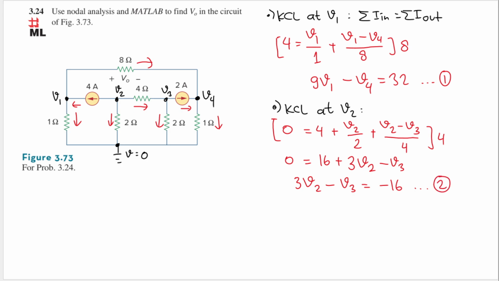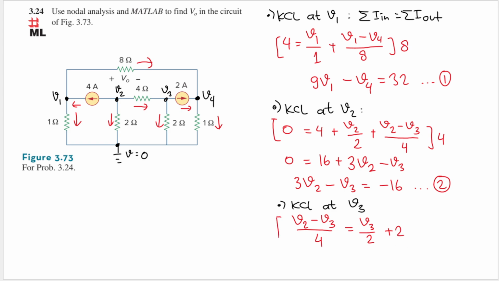Now let's move on to V3. KCL at V3. The only current that goes in is this one, and that current is V2 minus V3 divided by 4. Then this current is going out, so I will have V3 minus 0, V3 divided by 2, and then this current that goes out, so plus 2.